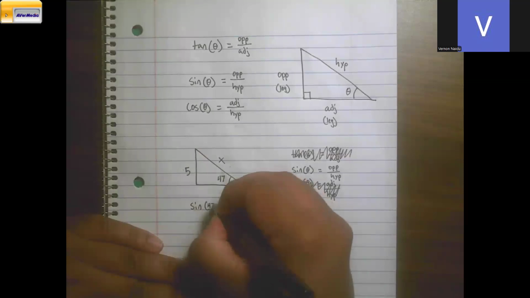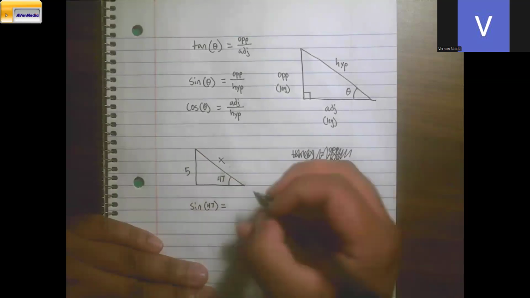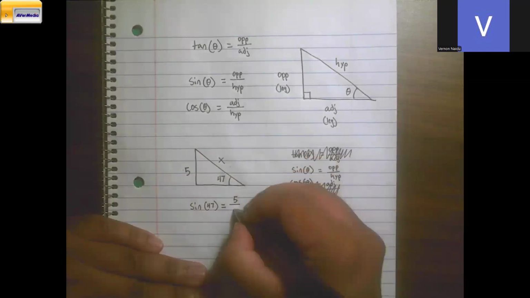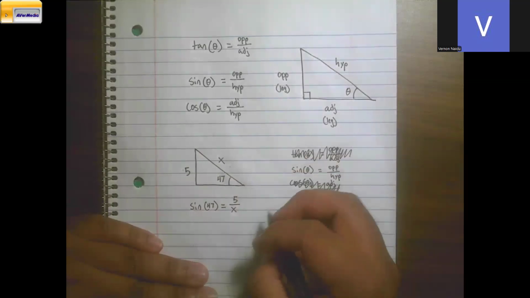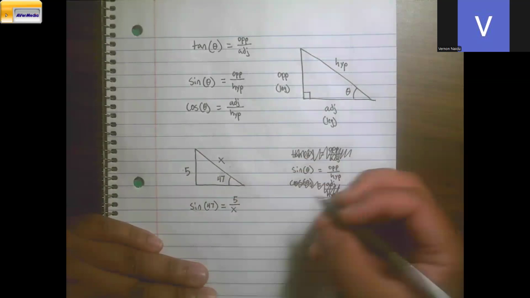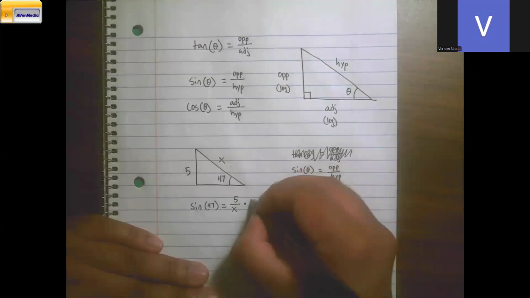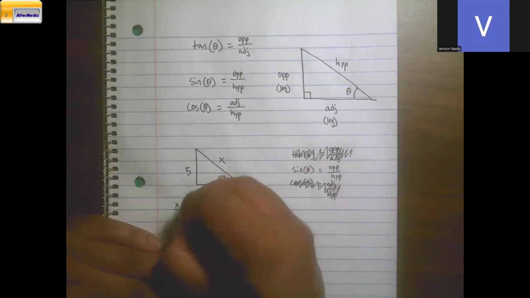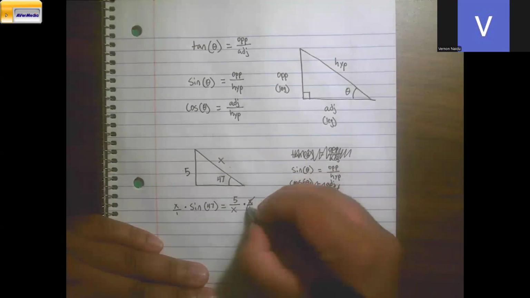Sine of 47 is going to be equal to the opposite side divided by the hypotenuse, right? And we're going to solve for x. We'll multiply both sides by x over 1. This is going to cancel out here.